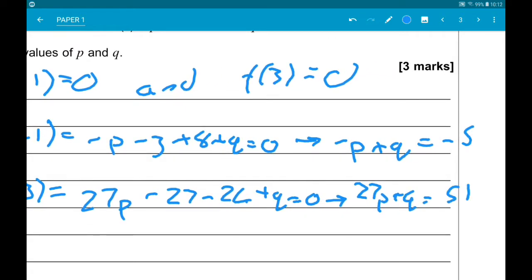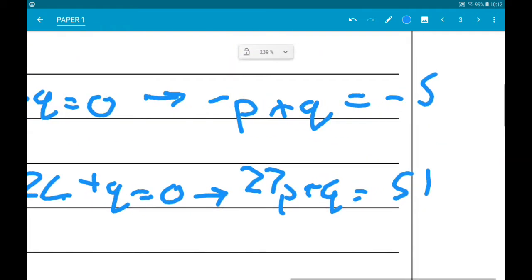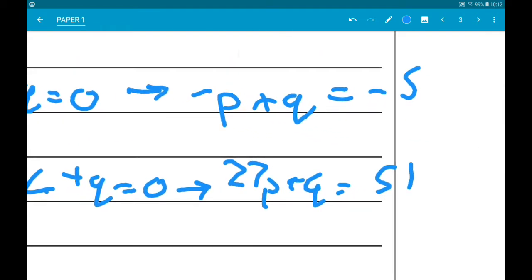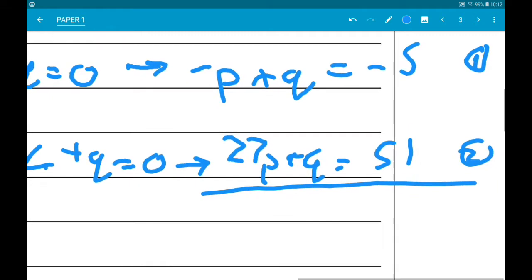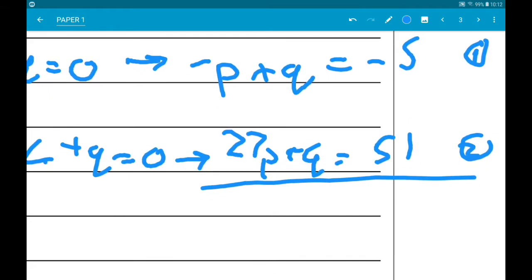Okay, so now we are playing with these two simultaneous equations. So let's call them 1 and 2. Now we can get rid of q by subtracting one from the other. So I'm going to do 2 minus 1.